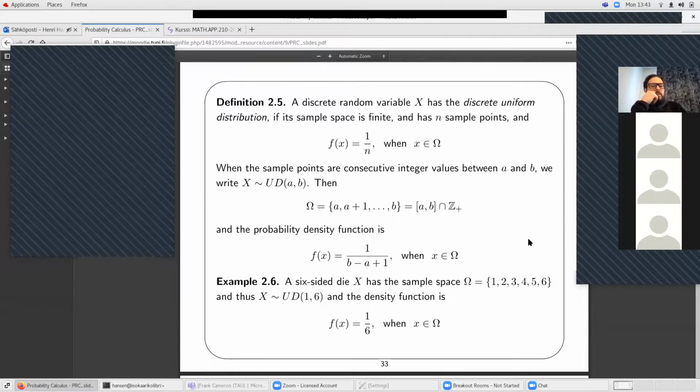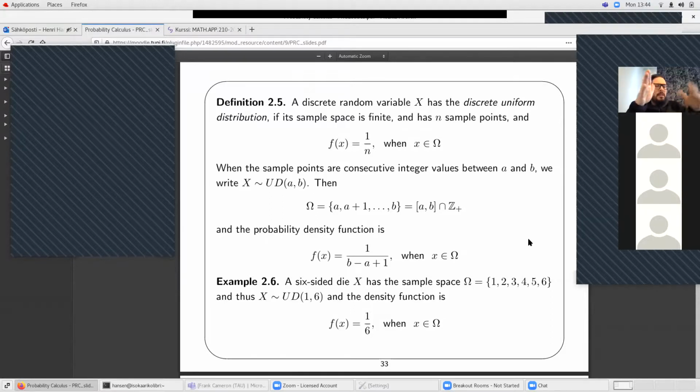So in the uniform distribution, there are all the values between A and B, and they're equally probable. It has a probability density function of 1/(B minus A plus 1), in the case of consecutive integer values. This is the most common situation where we have a uniform distribution. But mind you, the distribution is uniform if each point has equal probability.